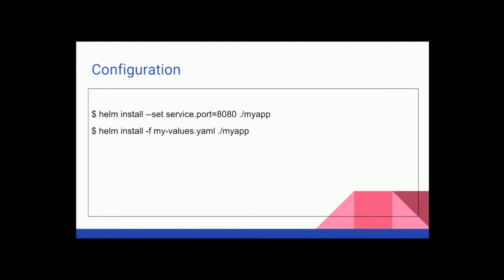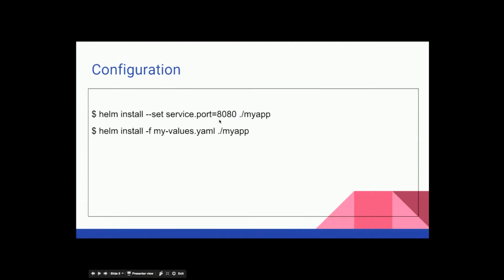Now, what we're doing here when we configure Helm is that we say we want to install an application, or a Helm chart, which is called MyApp, and we want to set the template service port to be 8080.